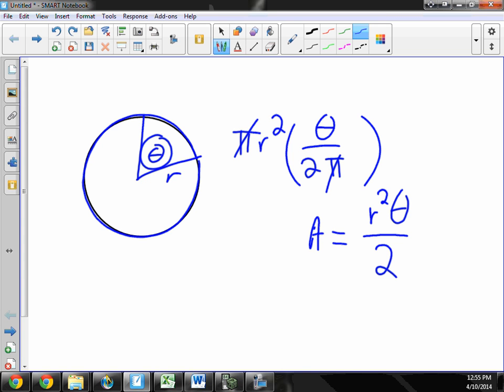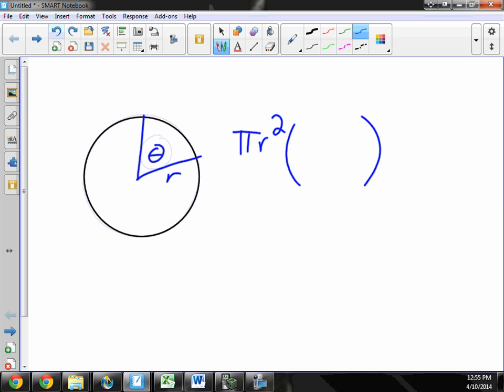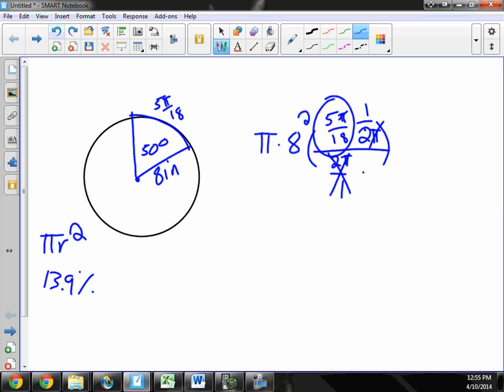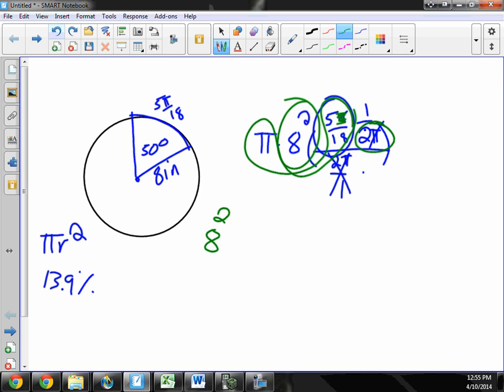Let me go back. Here is r squared, here is theta, because that pi canceled, and then here's the divided by 2. To find the area of the pizza, it doesn't matter: if you divide one of them by 2, you divide all of them by 2, essentially.